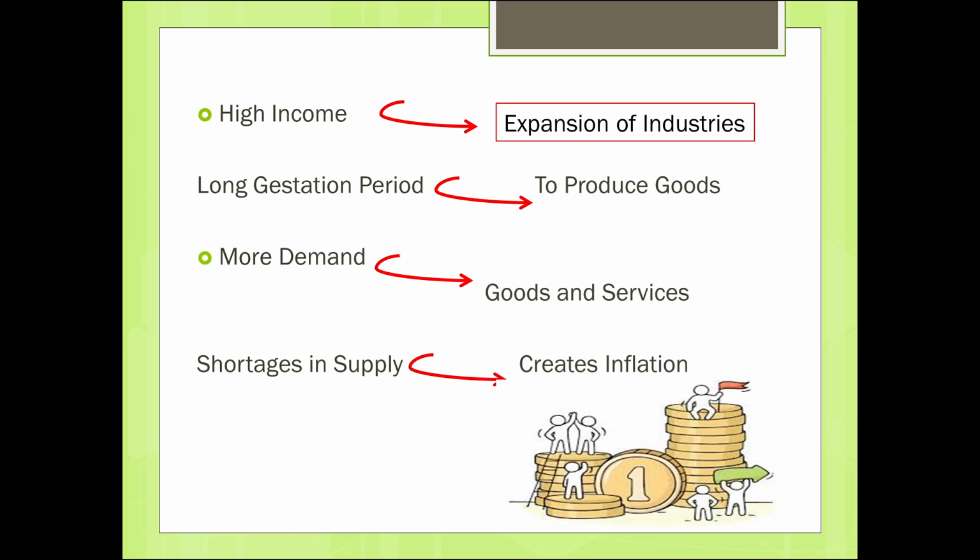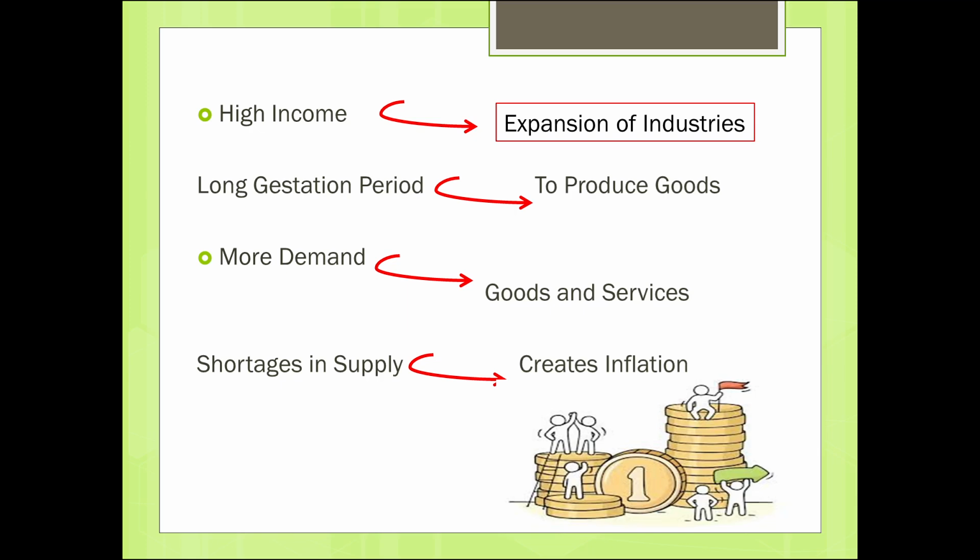Here we can explain inflation because of two factors: not because of higher income, but because of the expansion of industries. There is more income among individuals and more investment by the government.